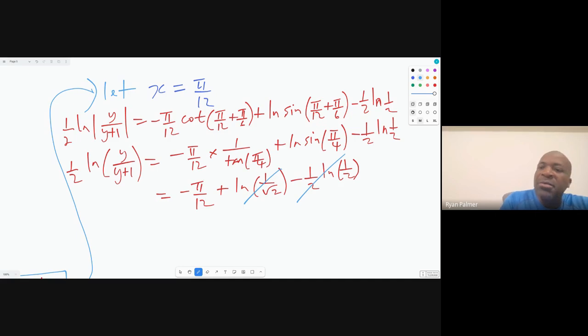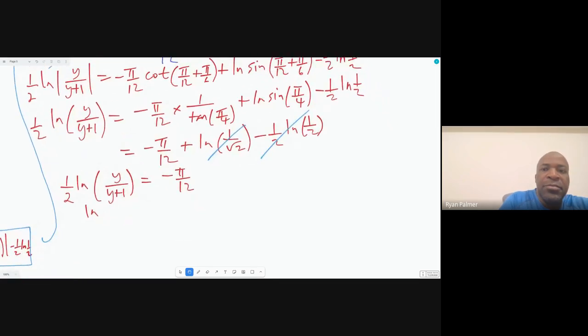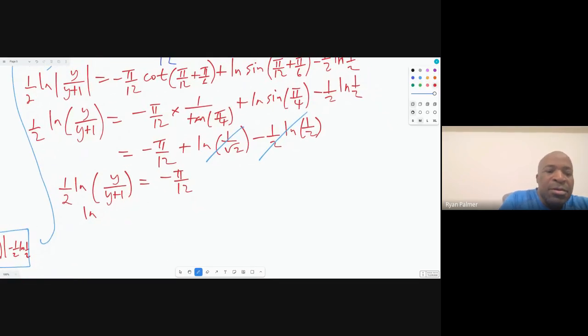So what we end up having is half ln y over y plus 1 is equal to minus pi by 12. Therefore, ln y over y plus 1 is equal to minus pi by 6 when we times by 2.